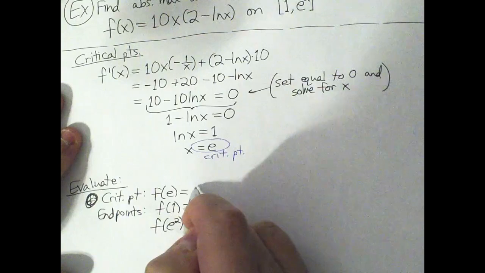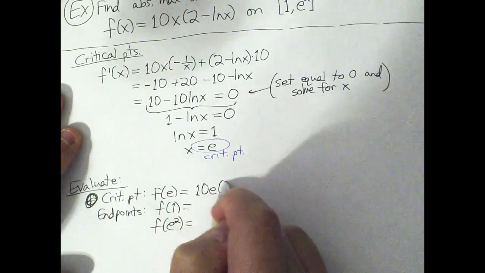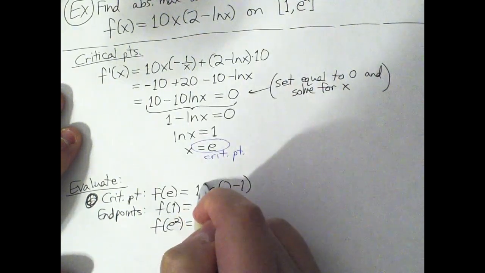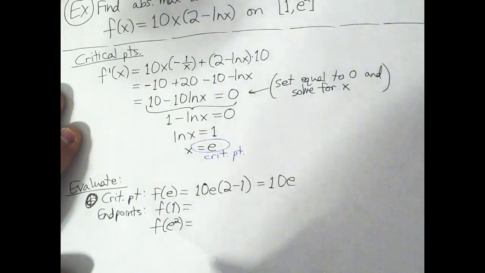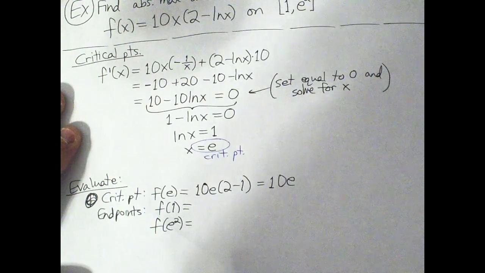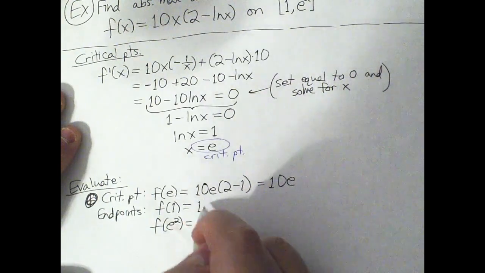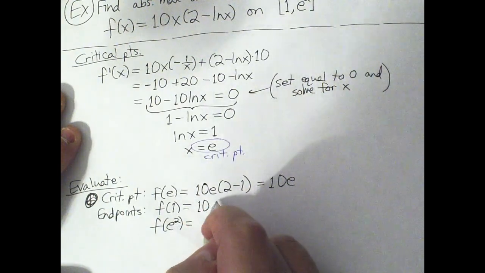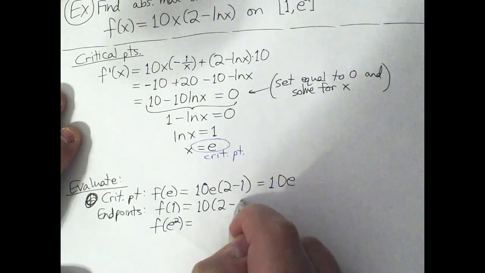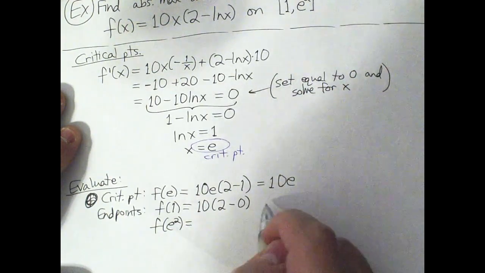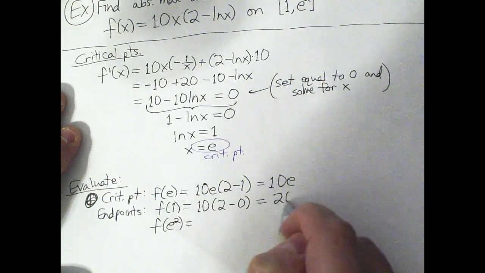Put e into the original function. You get 10e times 2 minus 1. That equals 10e. Put 1 into the original function, and you get 10 times 2 minus 0, which is 20.